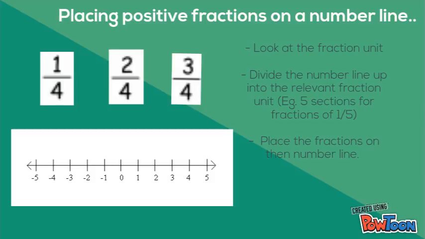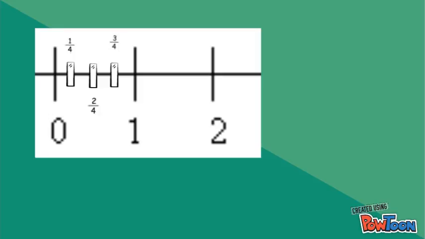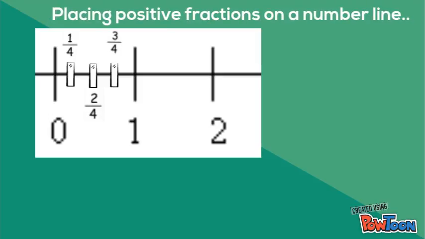Yes, fourths. Okay, so now we know that in order to place the fractions on the number line, we must split the space between the 0 and the 1 into 4 equal parts. Now that we've sliced our 4 equal parts, we can now place the fraction on the number line, as you can see in the image.